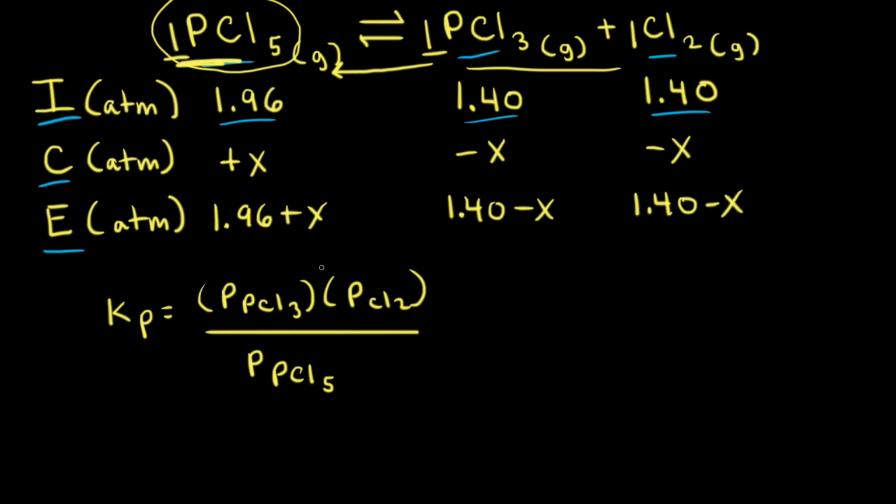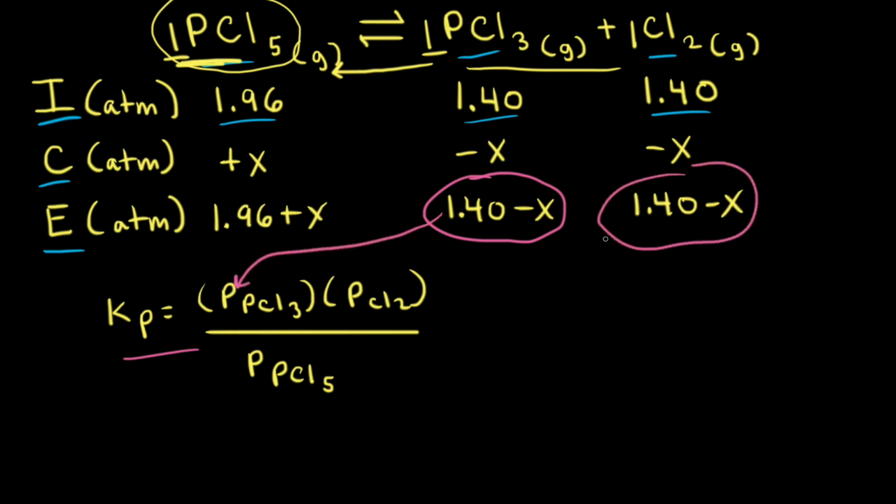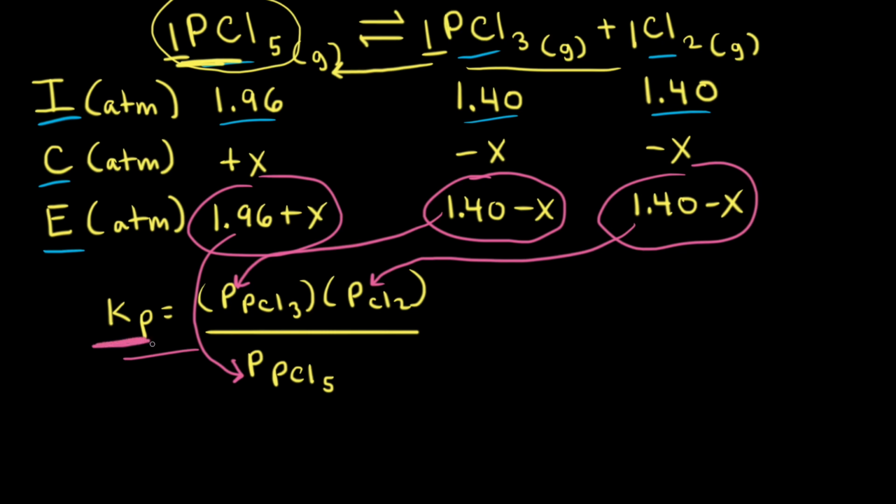Next, we can plug in the equilibrium partial pressures into our Kp expression. So we can plug in 1.40 minus X for the equilibrium partial pressure of PCl3, 1.40 minus X for the equilibrium partial pressure of Cl2, and 1.96 plus X for the equilibrium partial pressure of PCl5. And we can also plug in the value for the equilibrium constant Kp.